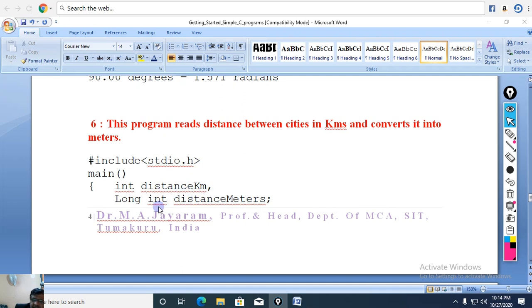Distance, kilometers, and we could have made it distance in kilometers, distance in meters, but it will become unwieldy because it will become too lengthy, and it will become a handicap rather than becoming handy. But anyway, it is suggested in industry that the naming of the variable should be in Hungarian representation, or some of the standards also advocate the use of camel case representation.